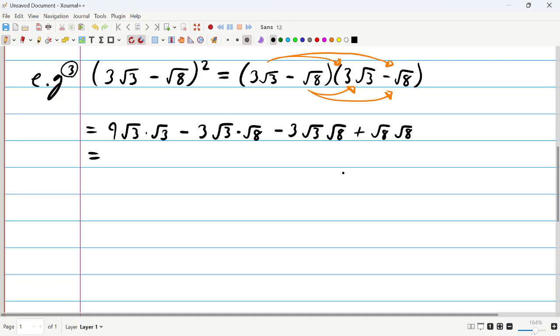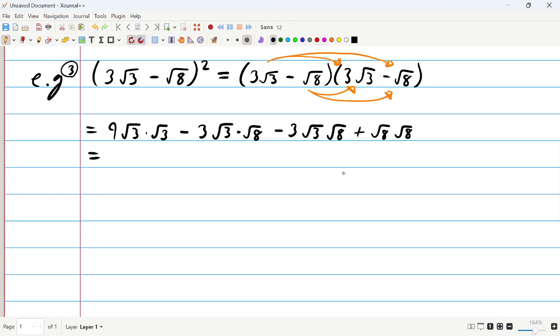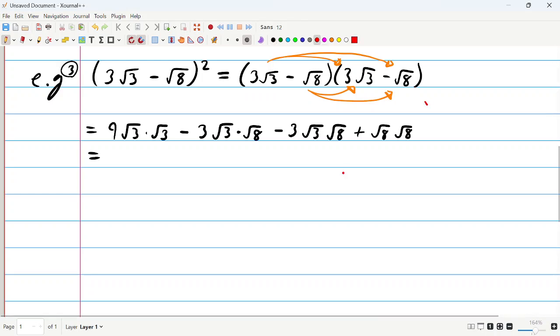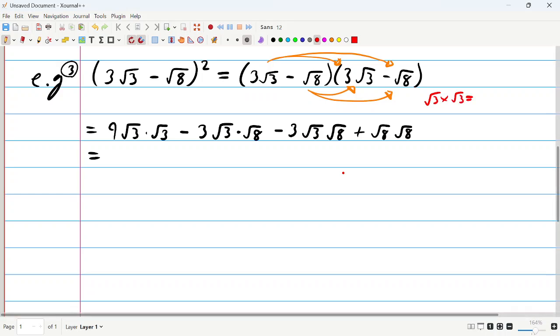Notice that from our surd rules, if we have root 3 multiplied by root 3, we can write this as 3 to the power of a half multiplied by 3 to the power of a half. These have the exact same bases, so we can add the exponents together.